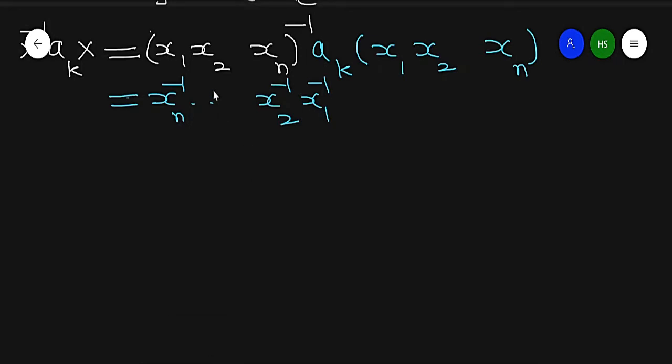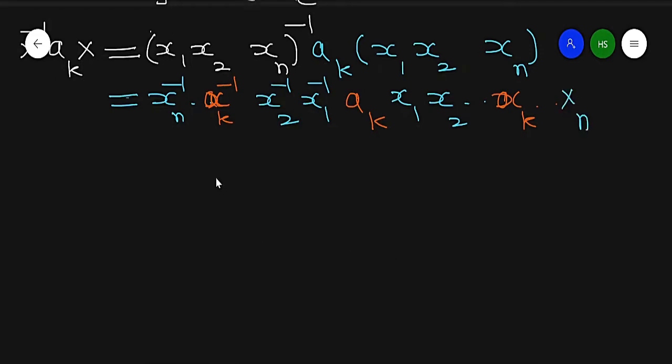At some place it is xk inverse, then it is ak, and here again the value is x1, x2, continuing, and at some place xk which belongs to Hk, and so on up to xn.